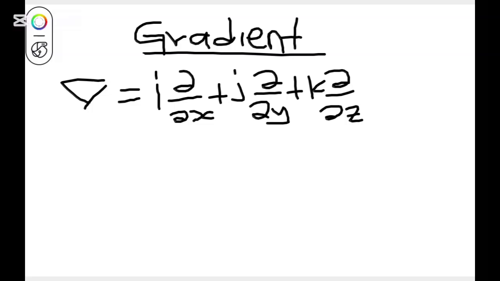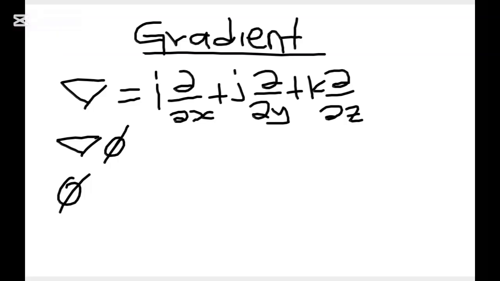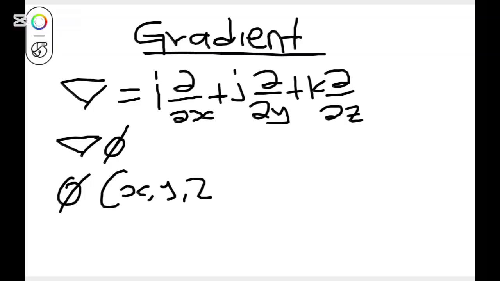So what if I'm asked to find del psi? What is del psi? You have to notice that, suppose let's say psi, we have the point x, y, and z.